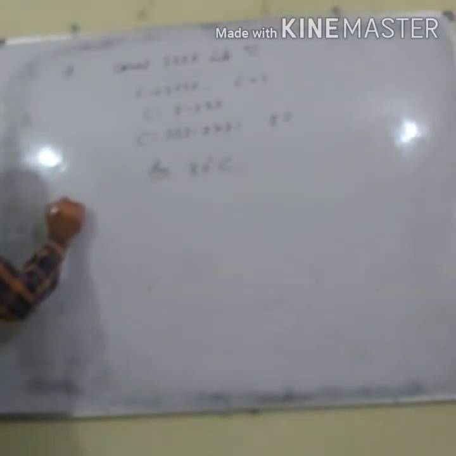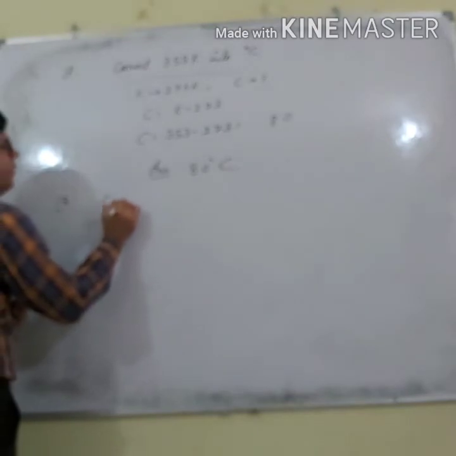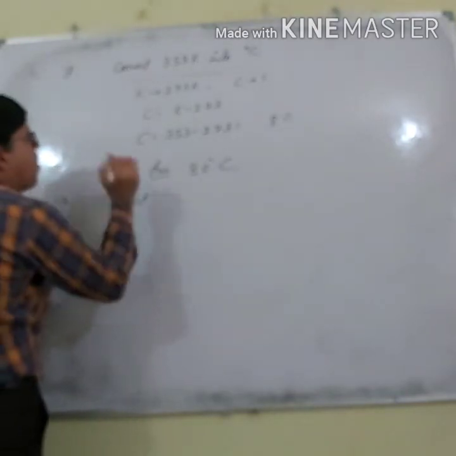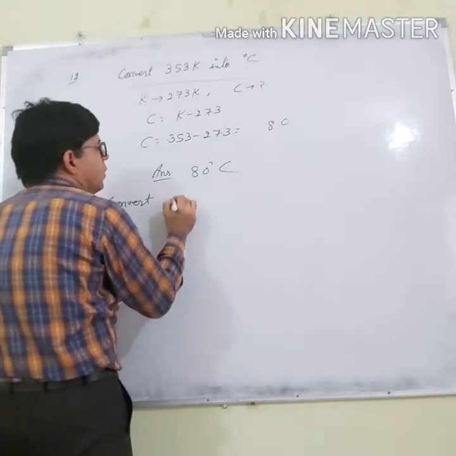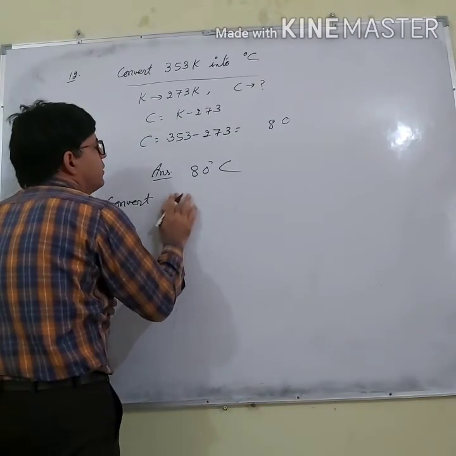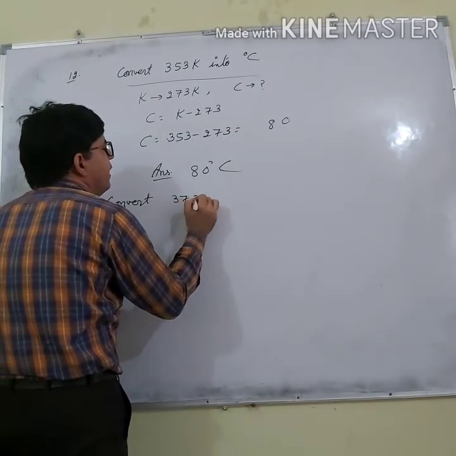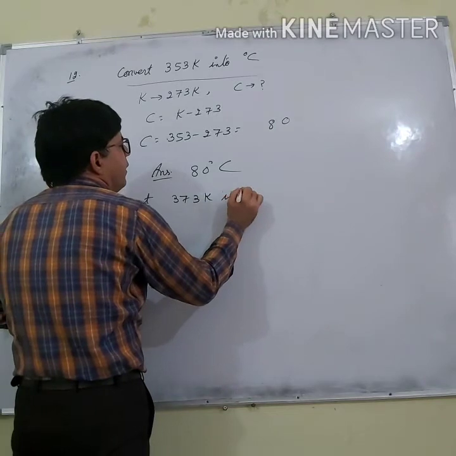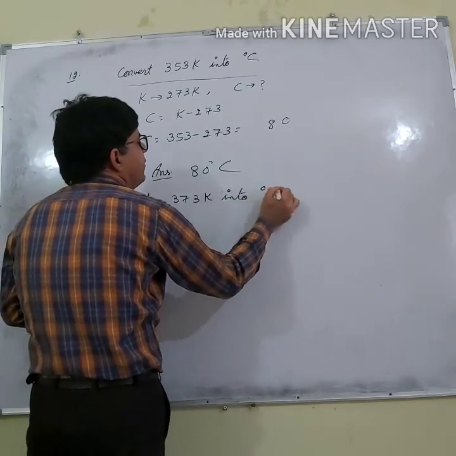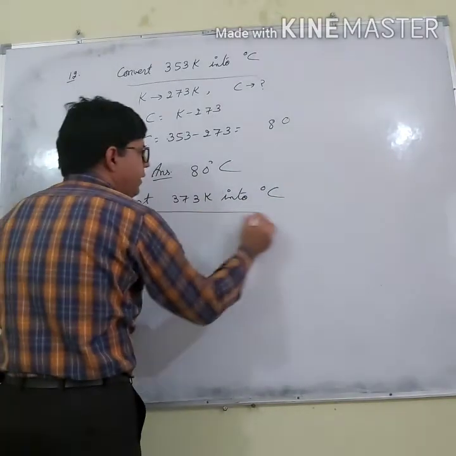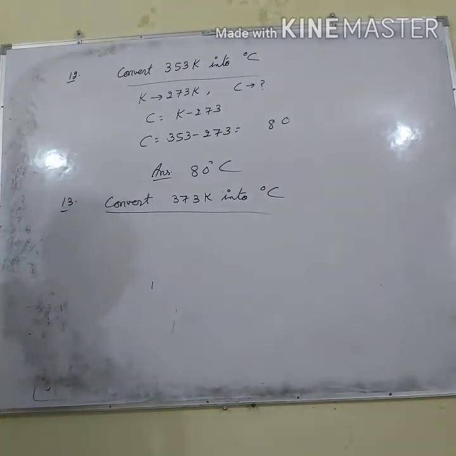If I ask, convert 373 Kelvin into degrees Celsius, how can you convert? Very simple.